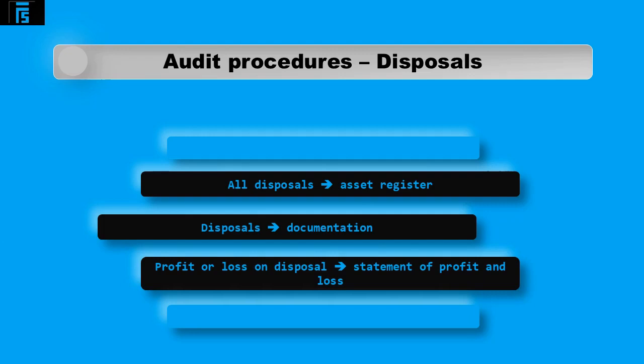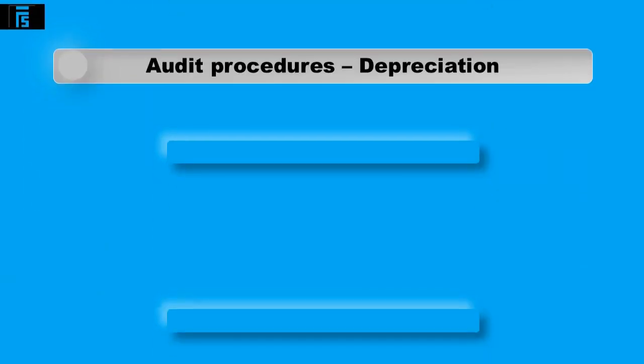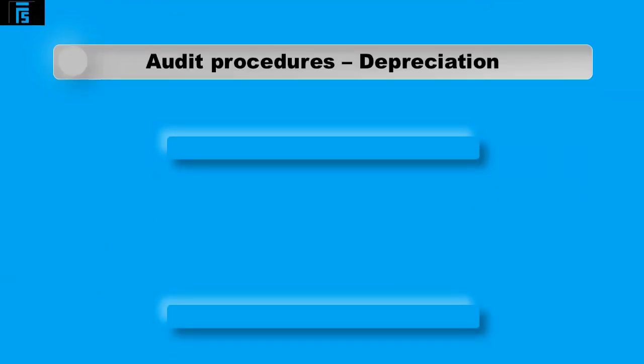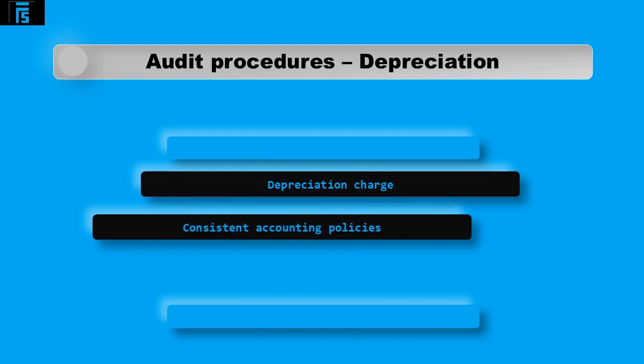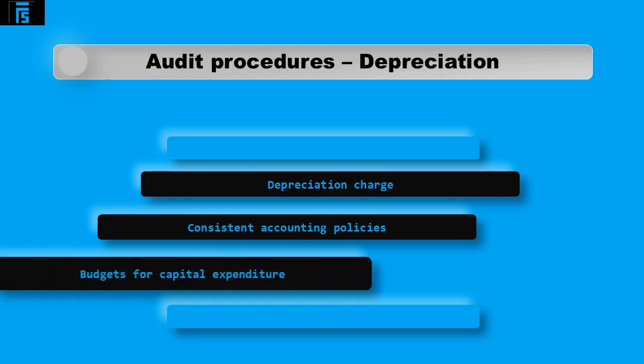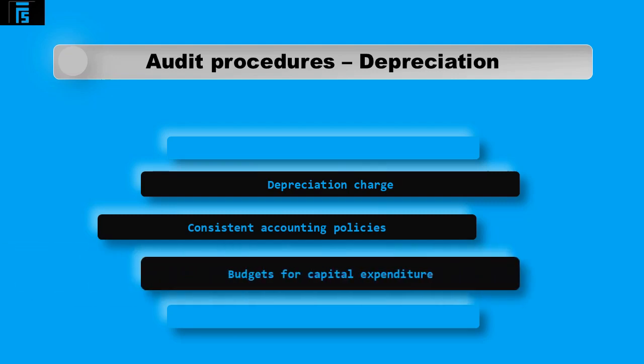These verify existence and accuracy. Depreciation must be audited by recalculating the depreciation charge for a sample of assets, reviewing the accounting policies to see if the treatment being used is consistent with prior years, and inspecting the budgets for capital expenditure to see if plans for disposals and new assets mean the depreciation methods are appropriate. These will help you verify valuation and accuracy.